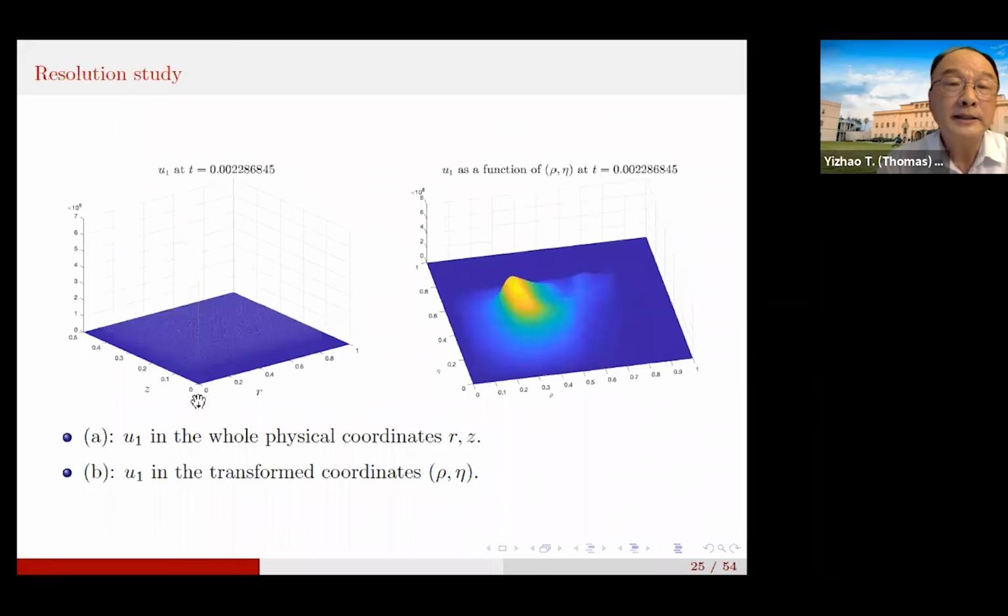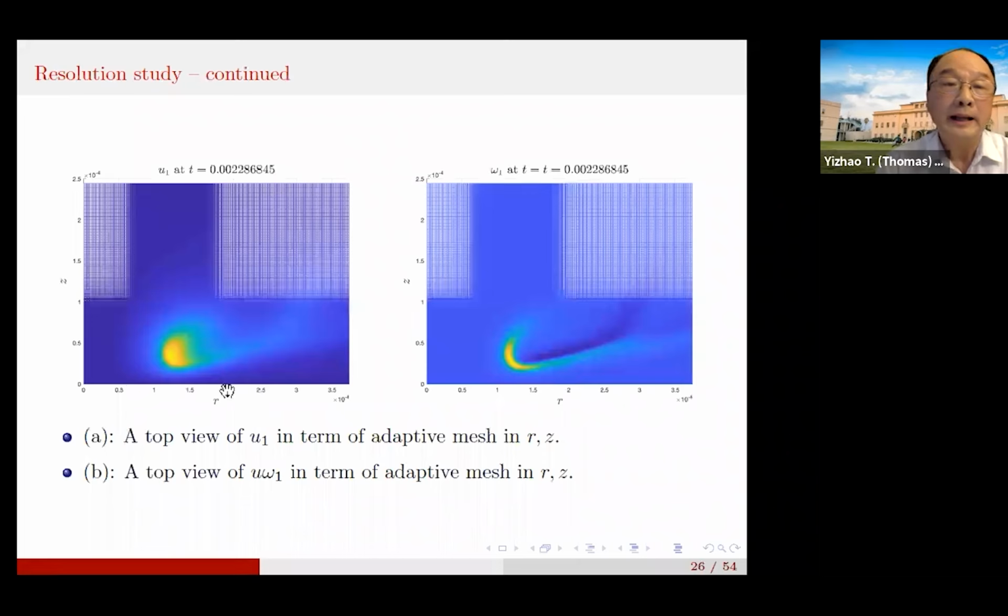Again, you can see that the maximum of U1, which is like one component of the vorticity vector, is like a delta function singularity. Now, because of the viscous term, you can get much closer to the potential singularity time. This is in the transform domain, where you get a very smooth profile in the rho and eta plane. So this is how the adaptive mesh works, right?